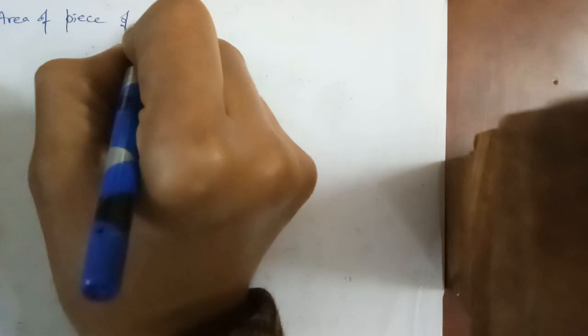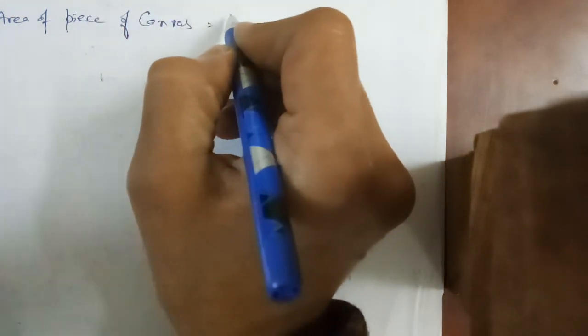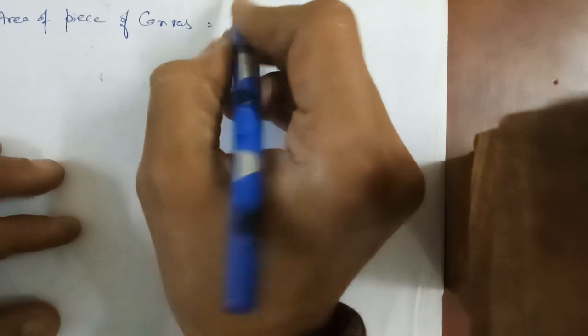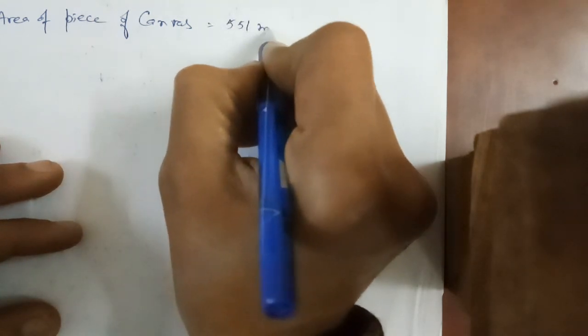Here the question is: area of the piece of canvas is equal to 551 meter square.